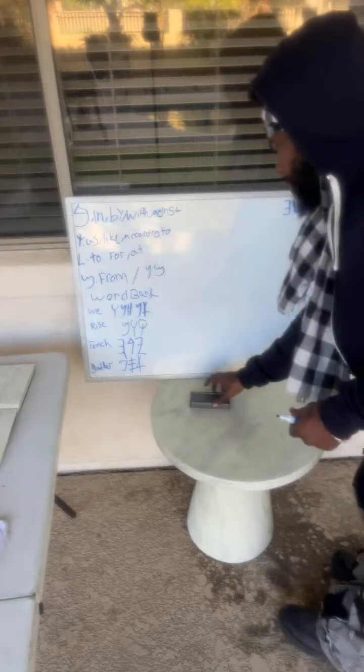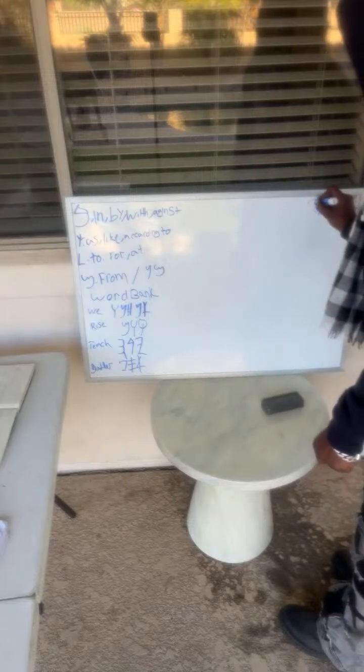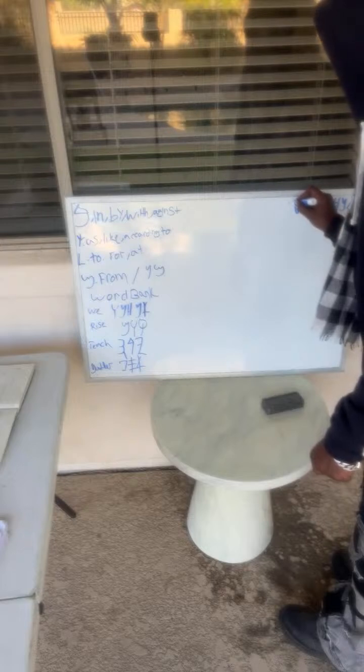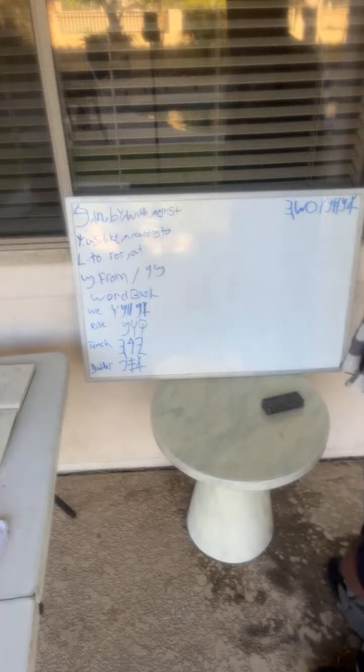So the first word we're going to use for we is anachnu. And this is the word will, or to do, or to work, which is the word asah. So anachnu asah, so it's we will.